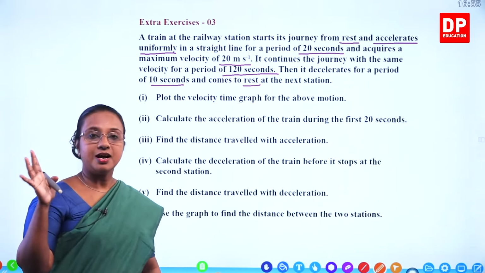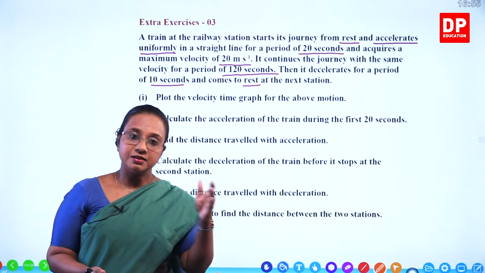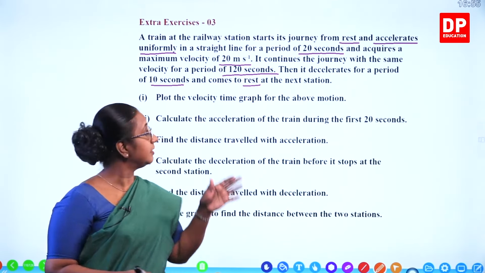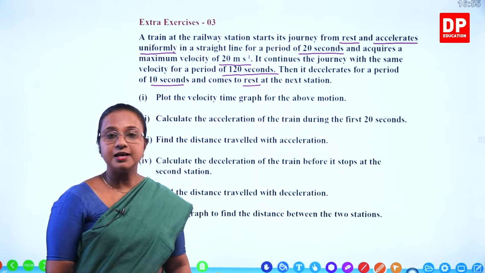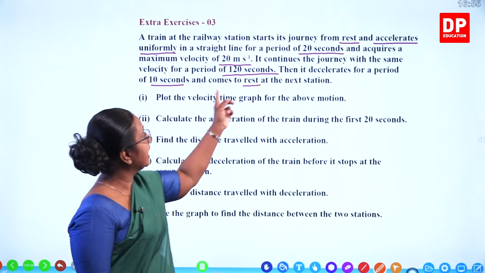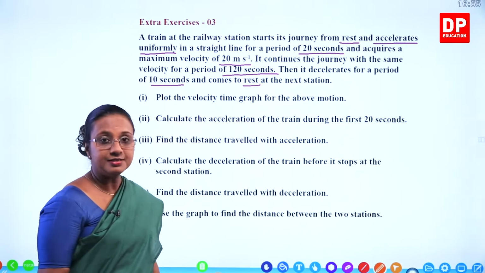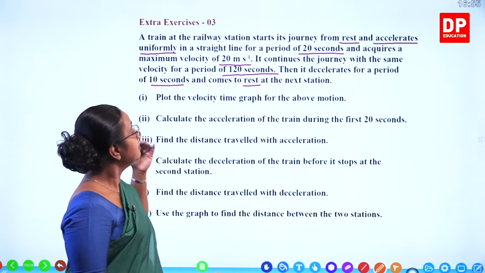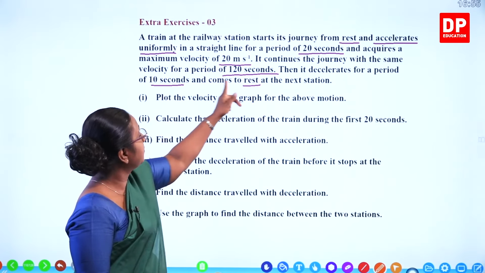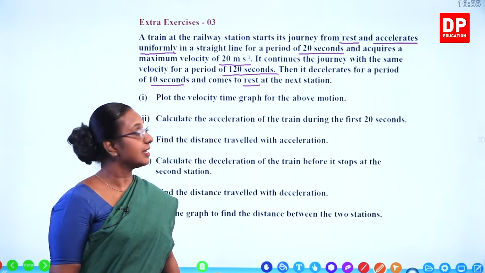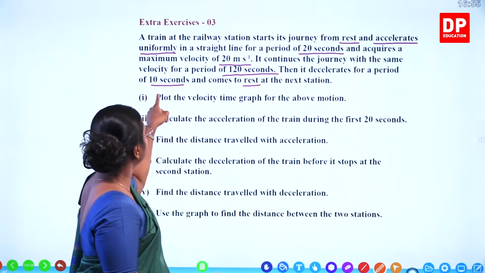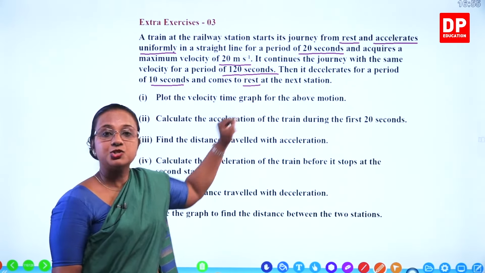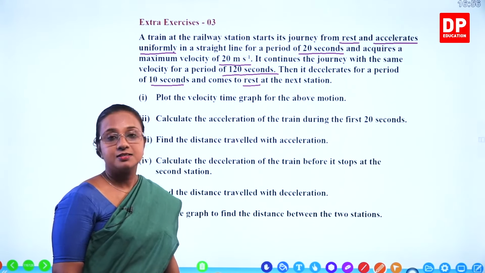So the train started at one station, increased its speed, that is accelerated, and reached a speed of 20 meters per second, that is the velocity at the end of 20 seconds. And then the same velocity for a period of 120 seconds and finally decelerates for a period of 10 seconds and stops at the next station.